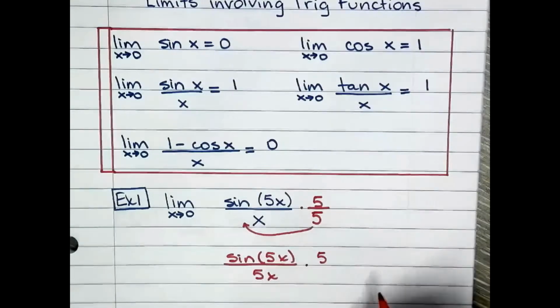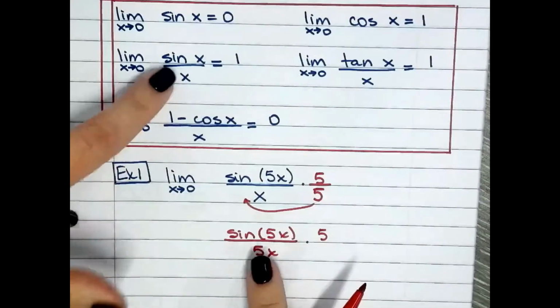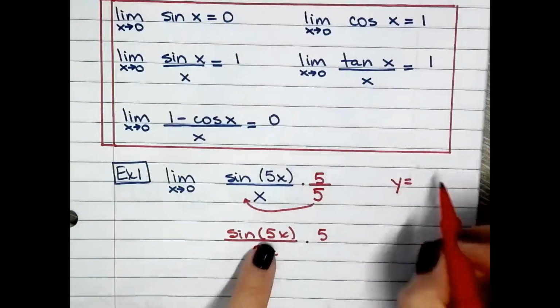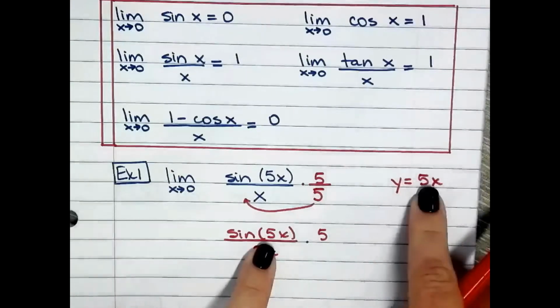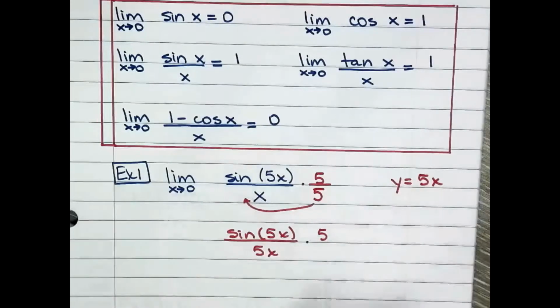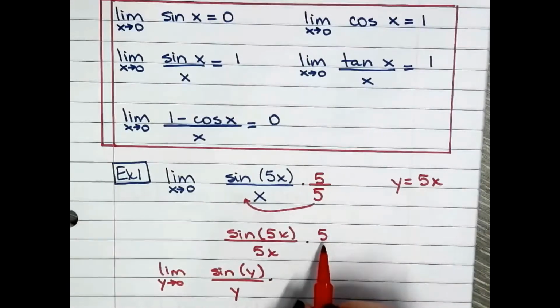So times 5. Since we're using this to our advantage, I'm going to label y as 5x, so instead of writing 5x, I'll rewrite it as y. At this point, I find the limit as y approaches 0 of sine of y over y, and I have this 5 right there, since I'm also finding the limit as x approaches 0 of 5.